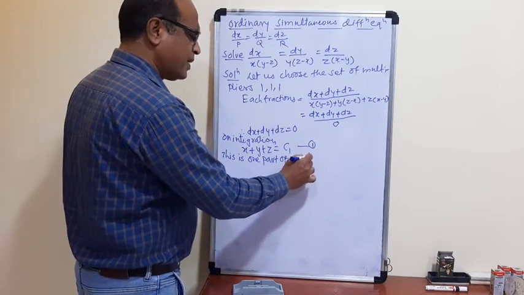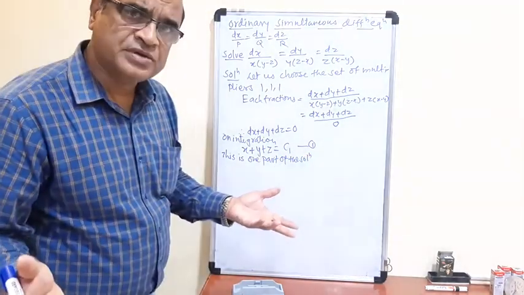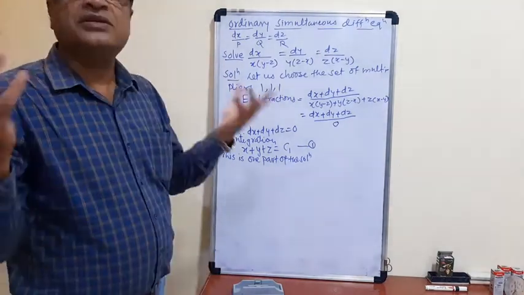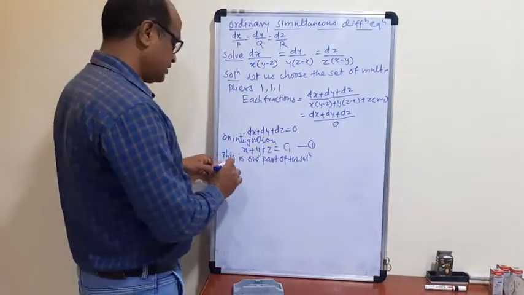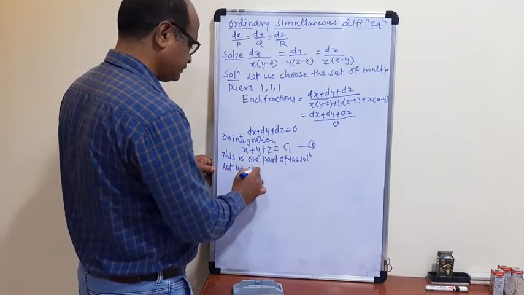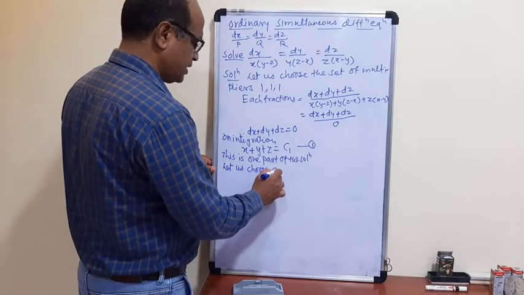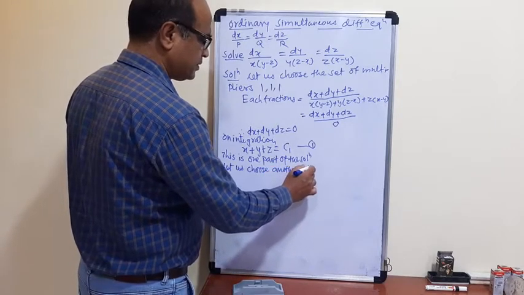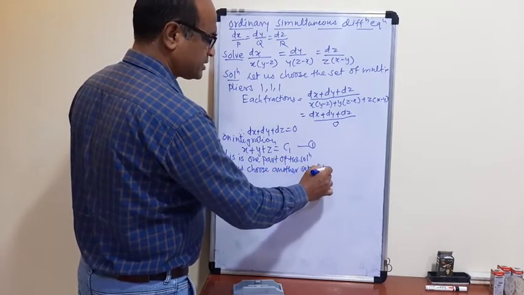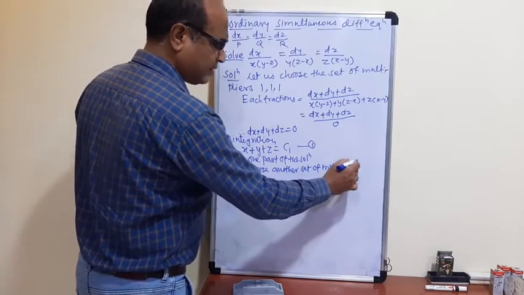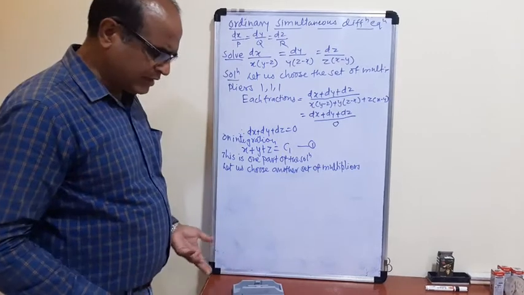So what is the other component of the complete solution? We choose another set of multipliers. That is very simple here.